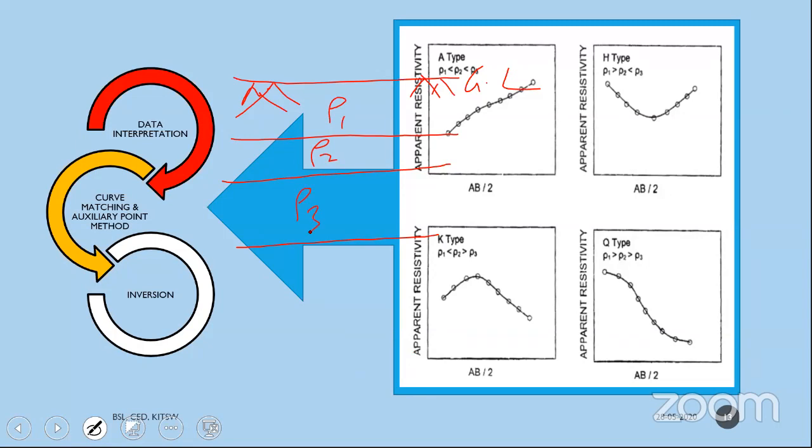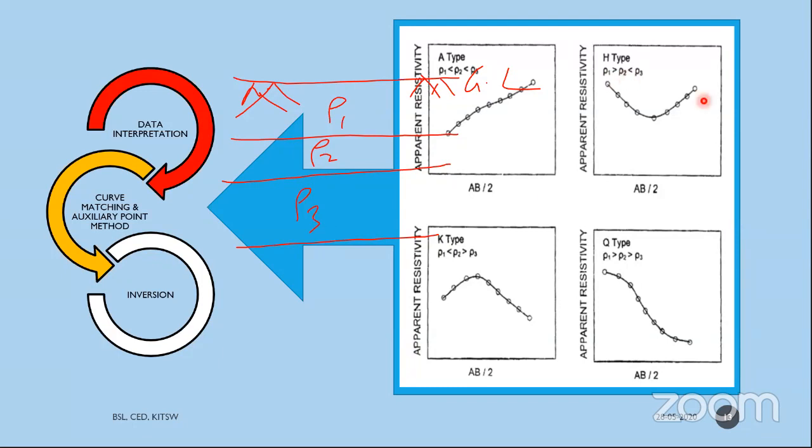So if you see graph 1, that is A type, if rho 3 proves to be the highest compared to rho 2 and rho 1, then the graph you obtain is called A type. The other way, if rho 2 is found to be lower than rho 1 and rho 3, that is called H type.